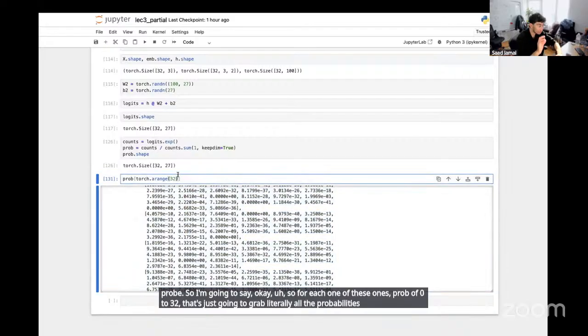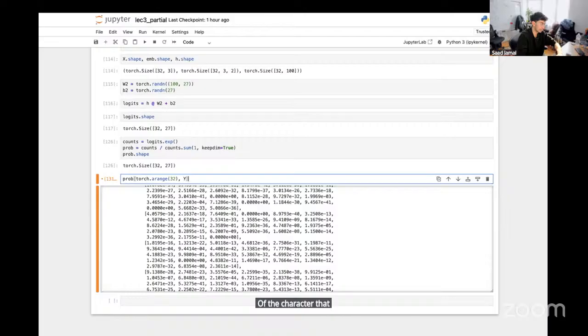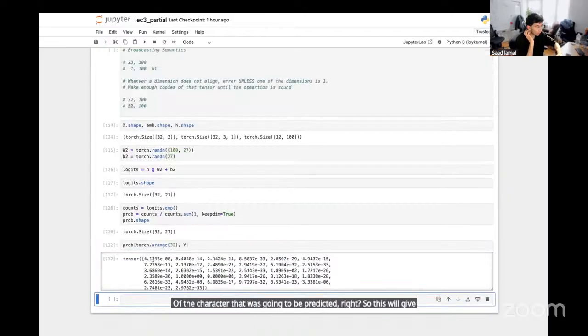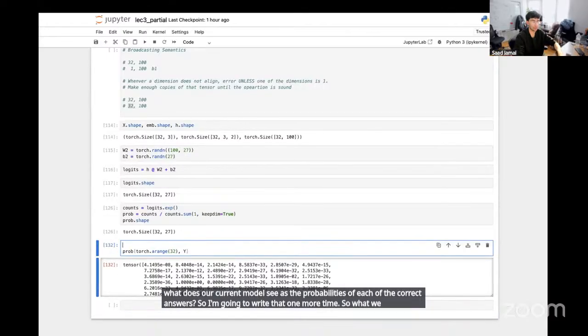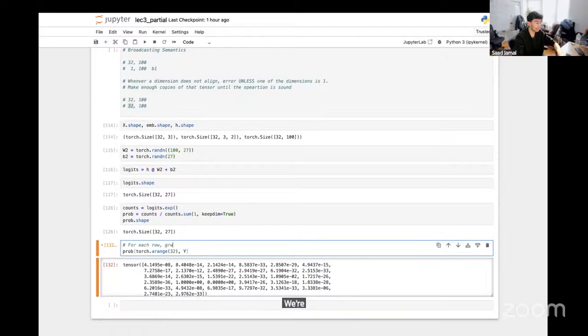But for each of the 32 probabilities, I want the index of the character that was going to be predicted, right? So this will give me what our current model sees as the probabilities of each of the correct answers. I'm going to write that one more time. What we did over here, I'm just writing in English so you can see it: for each row, we're going to grab the column that is correct.